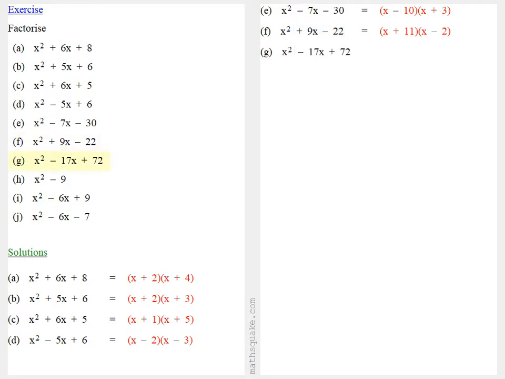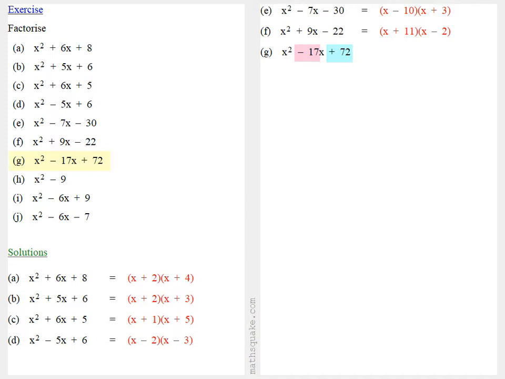Now in G we have x squared minus 17x plus 72. Now the two numbers add to make minus 17 and multiply to make plus 72. Because they multiply to make a plus number, they must both have the same sign. And because they add to make minus 17, they must then both be negative numbers.